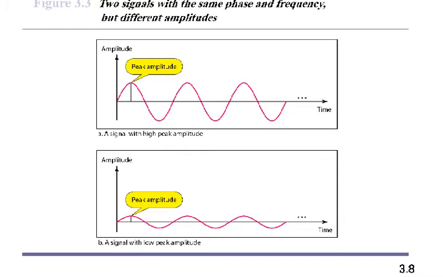They have pretty much the same cycle, so they kind of synchronize. And they both start from 0, which means that the phase for both of them is 0, right? The only difference is the peak amplitude.